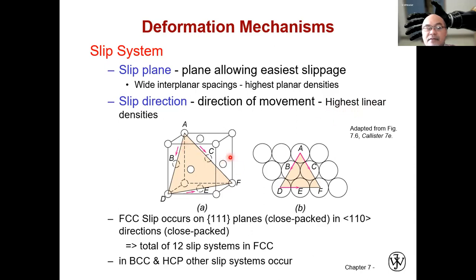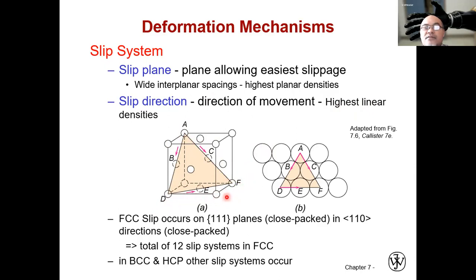For example, here we have an FCC, face-centered cubic crystalline structure, remember? The slip can occur on the 111 plane, in the 110 direction. So it would be this direction, or this one, or this one.